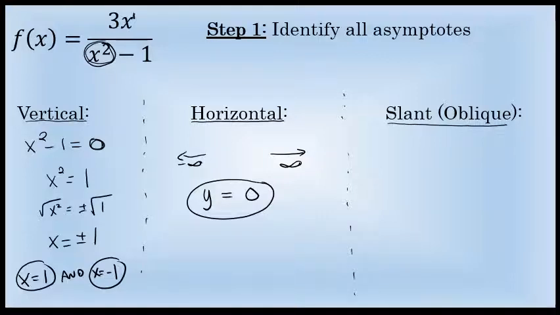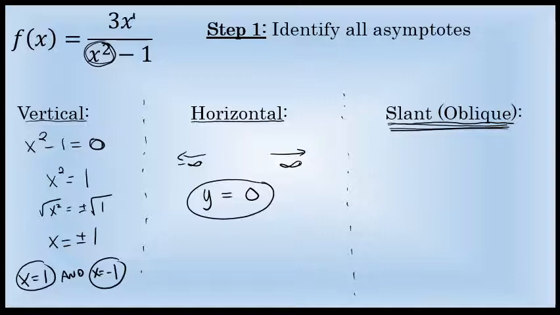Slant asymptotes are asymptotes that occur somewhat rarely in rational functions, or I should say they occur in one specific situation. Slant asymptotes occur in rational functions when the degree, again it's based on the degree of the numerator and denominator, of the numerator is exactly 1 greater than the degree of the denominator.